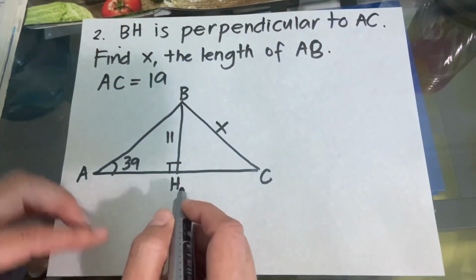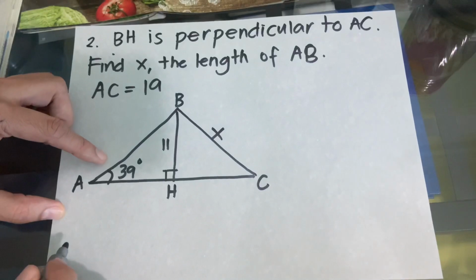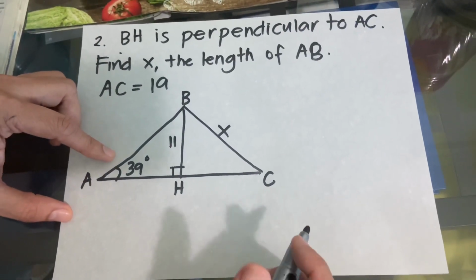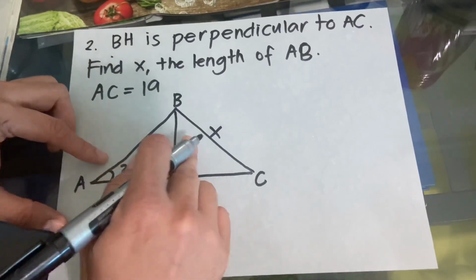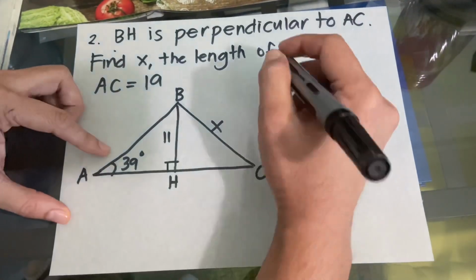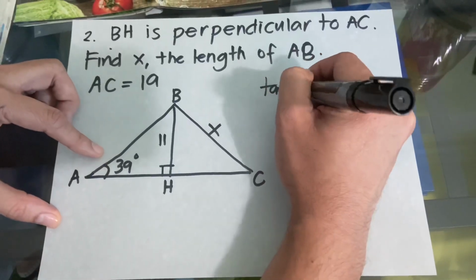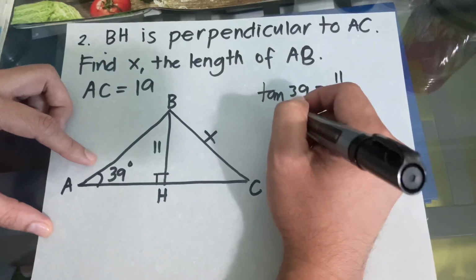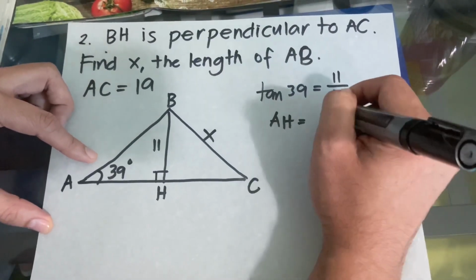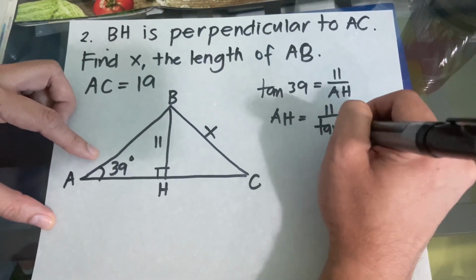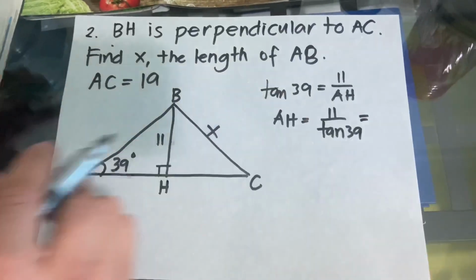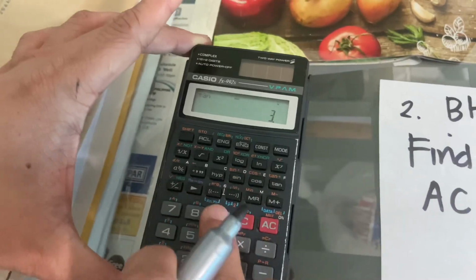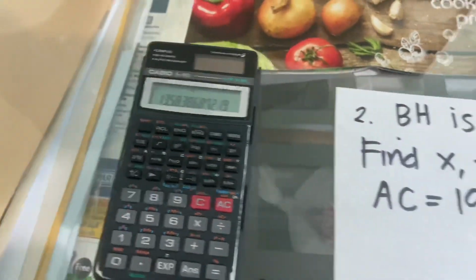Since we have 39 degrees here, we can get AH by tangent. Okay, TOA is opposite over adjacent. So tangent 39 is equal to 11 over AH. So AH is equal to 11 over tangent 39. That will give us 11 divided by tangent 39, which is around 13.6.